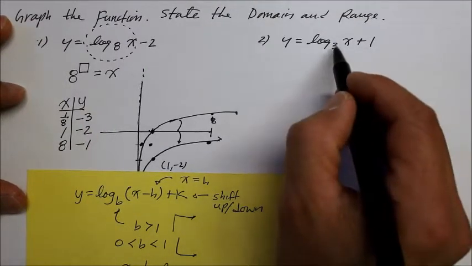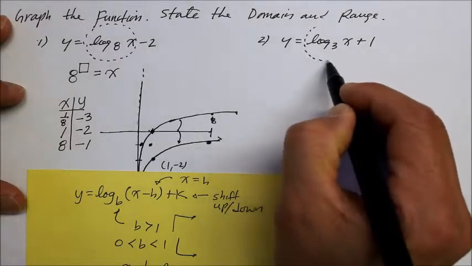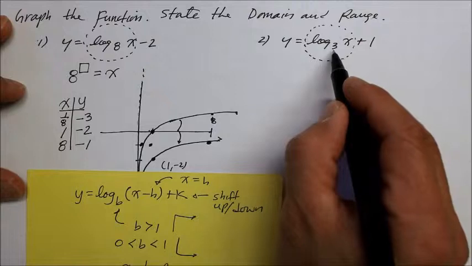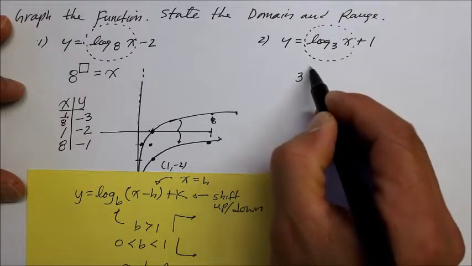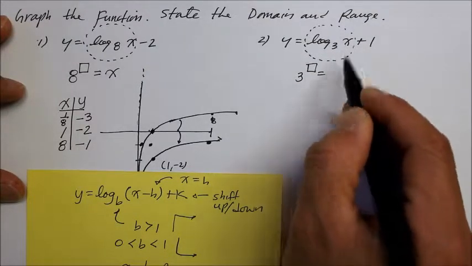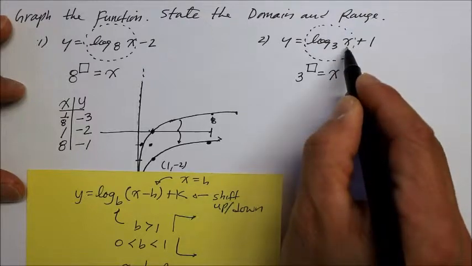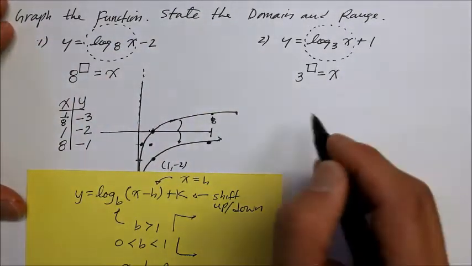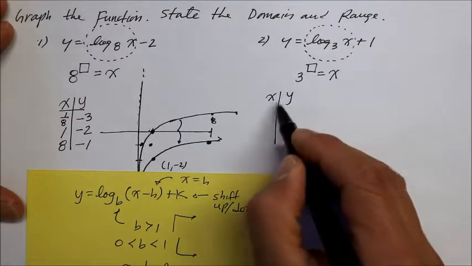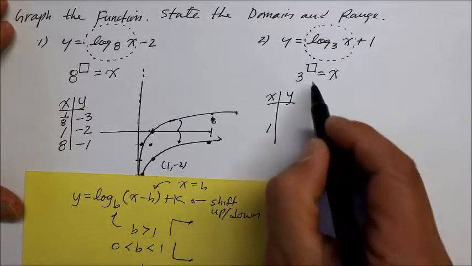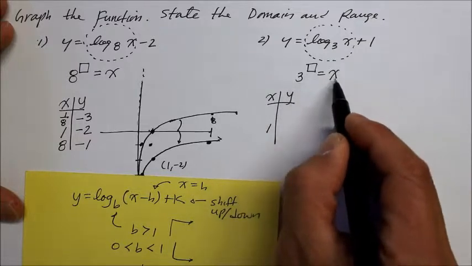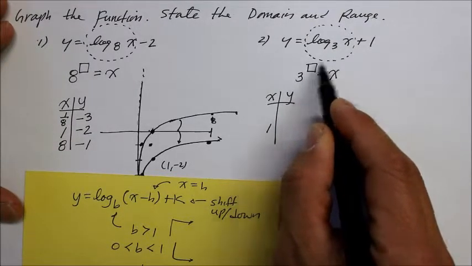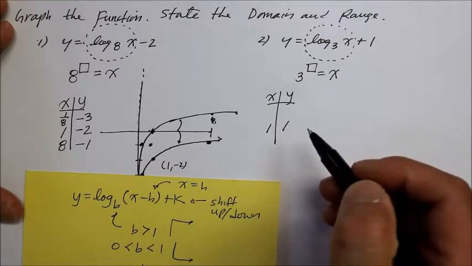So now let's write just this portion right here in exponential form. Base 3 raised to what number would give you x? And whatever you determine, you're going to add 1 to it to get the y value. So the first logical number you want to choose is 1, because how does a base 3 become a 1? By making the exponent 0. And that 0 plus the 1 is 1.